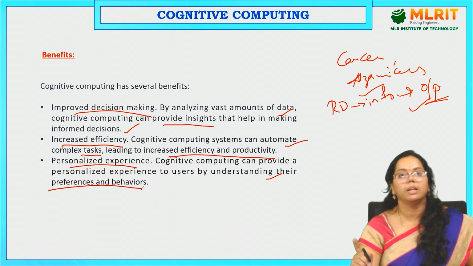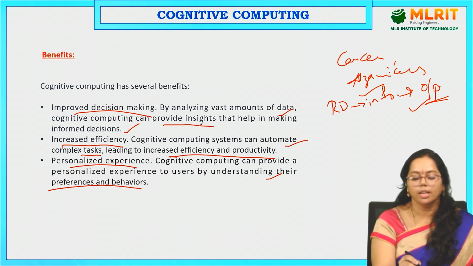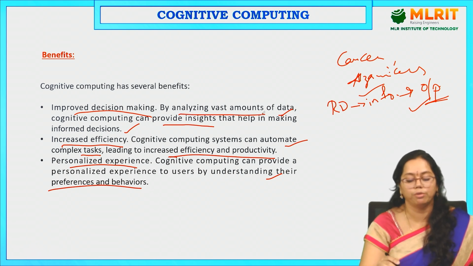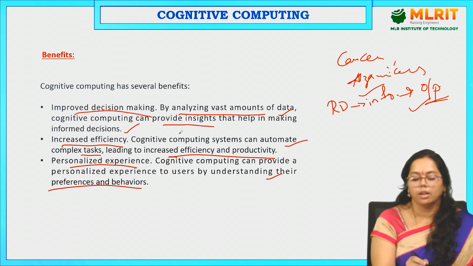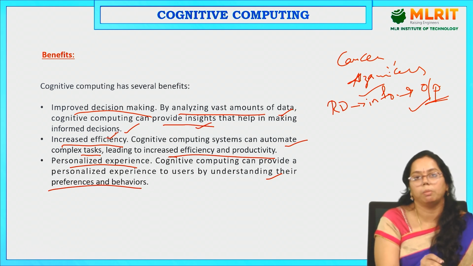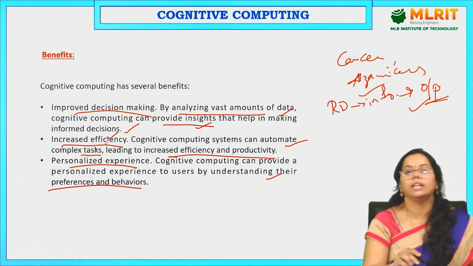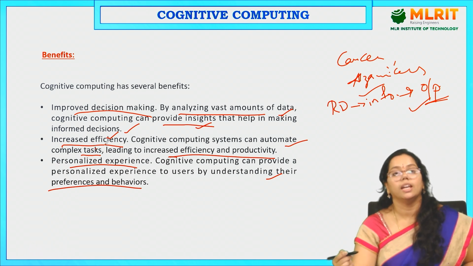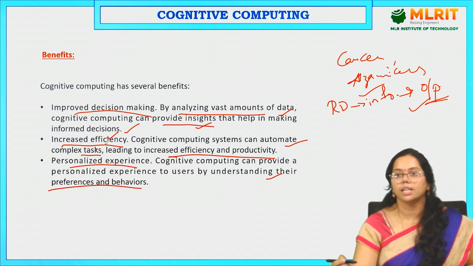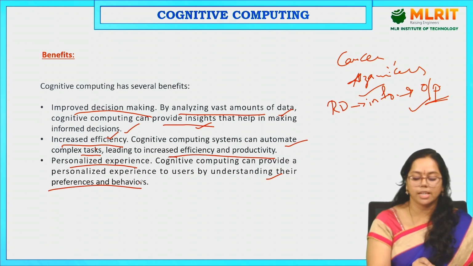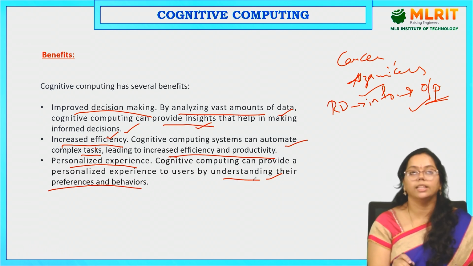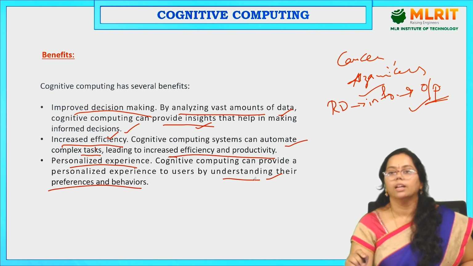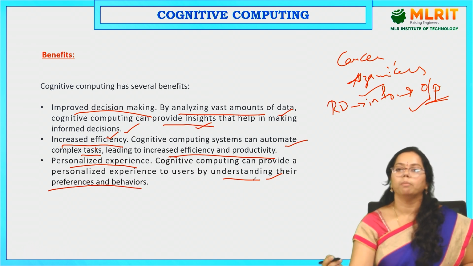So, the first benefit is analyzing vast amounts of data, providing insights to help decision making. Next, increased efficiency and productivity. The next benefit is personalized experience, understanding their preferences and acting according to their behavior.